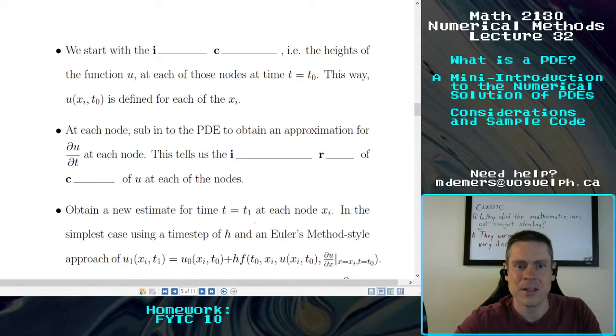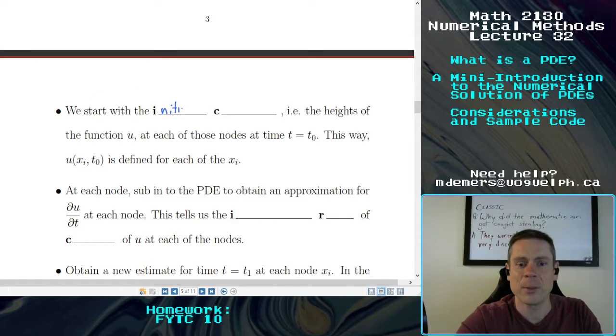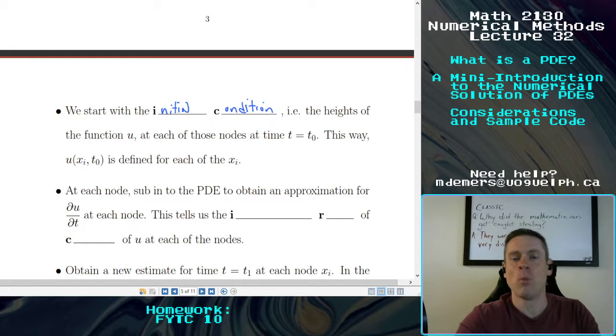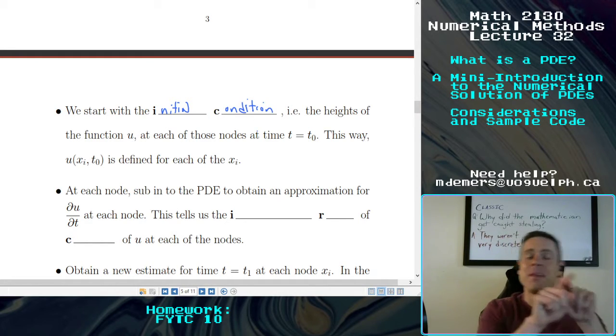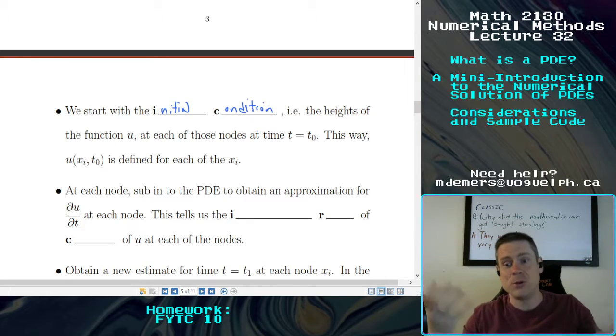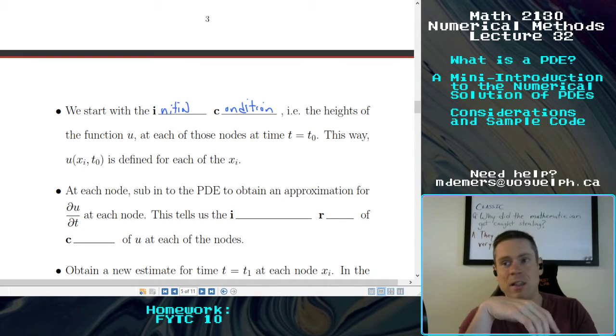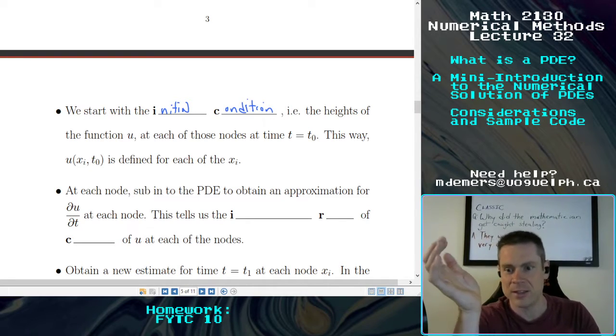It's pretty tough. And we have to start with something. We have to start with that initial condition. And you see why it's so important that we have an initial function. It's not good enough to have one piece of data. I need a piece of data at every single one of those nodes, i.e. I need some sort of distribution to begin with, some function that describes the initial state of where the solution is going to start, and that's going to describe the initial temperature in the cast iron pan.